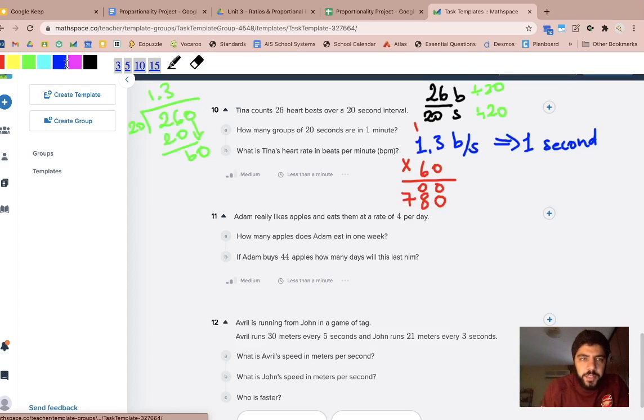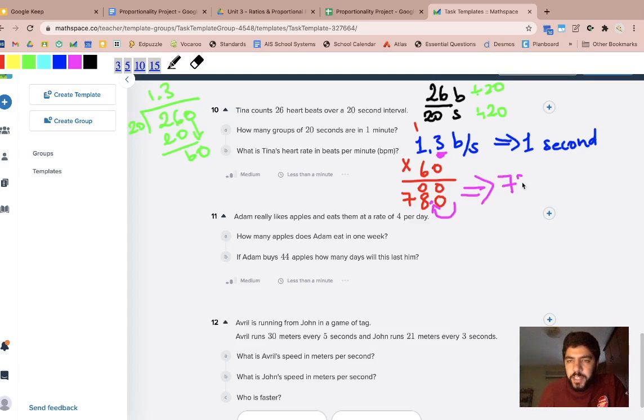But of course, and it's very important, we have one decimal place here, so we need to move it back over here. So our final answer, therefore, would be 78 beats per 1 minute, because it's 60 seconds. Okay, so it's the same answer, two different methods. You do whichever one makes more sense to you.